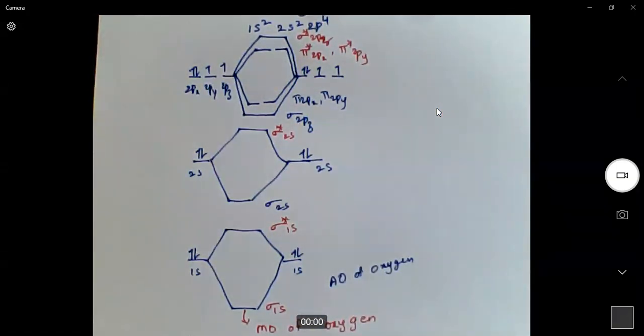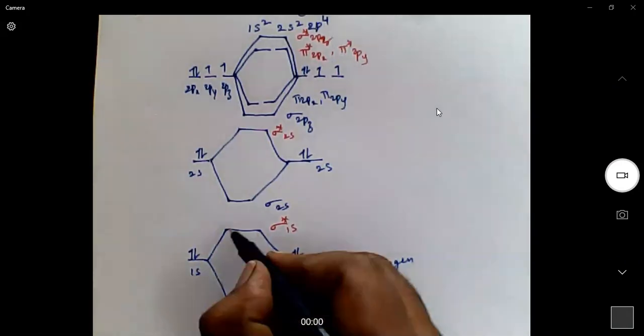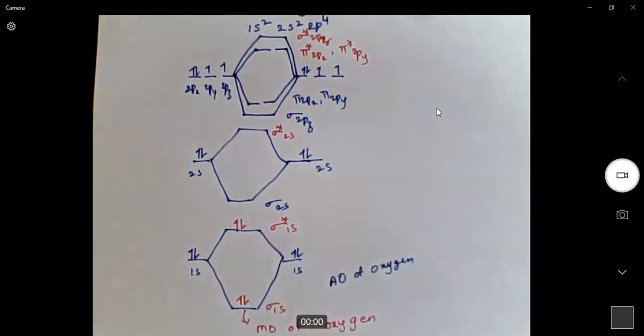Now when we fill these electrons in MOs, in sigma 1s we will fill 2 electrons. Altogether we have 4 electrons in 1s orbital, so 2 electrons in sigma 1s, 2 electrons in sigma star 1s.